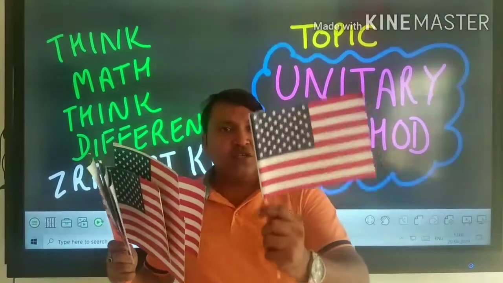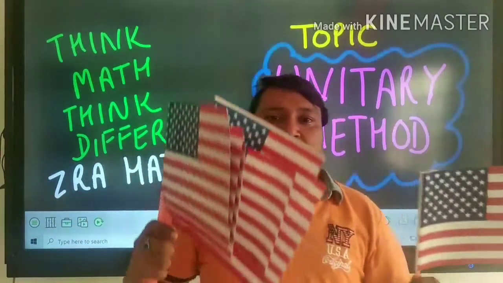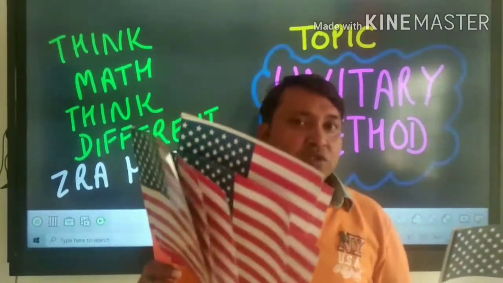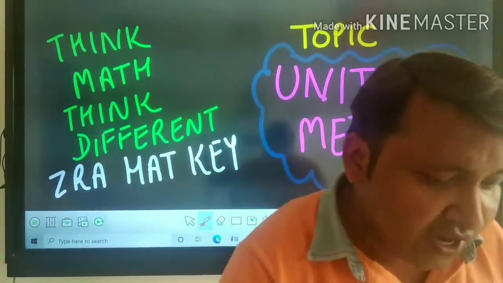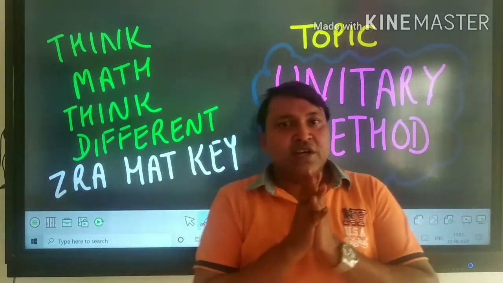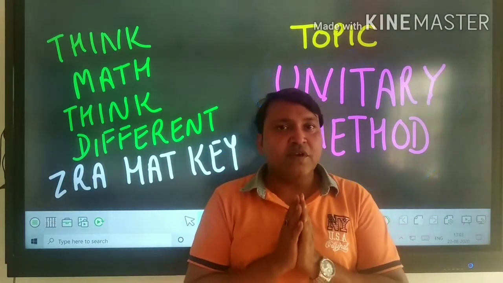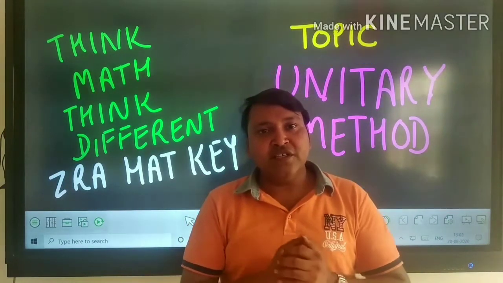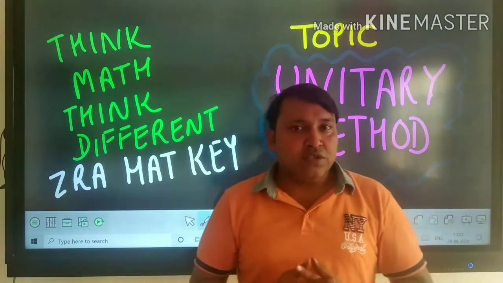So this method is called the unitary method, where firstly the cost or value of one unit is found out and that is used to find the required value as per the question.